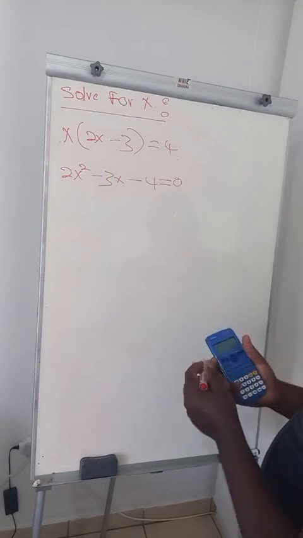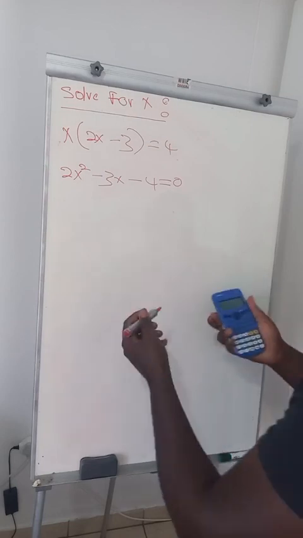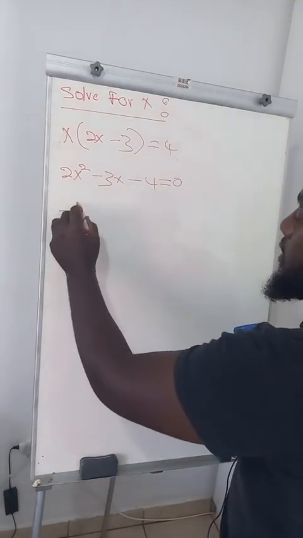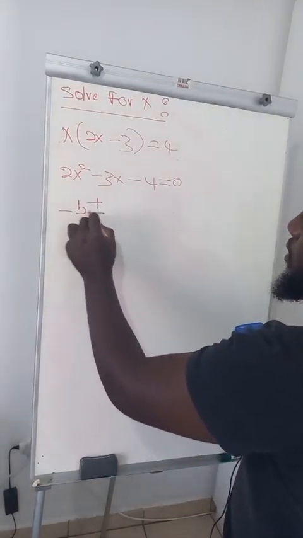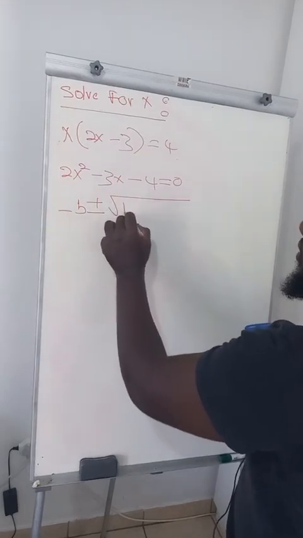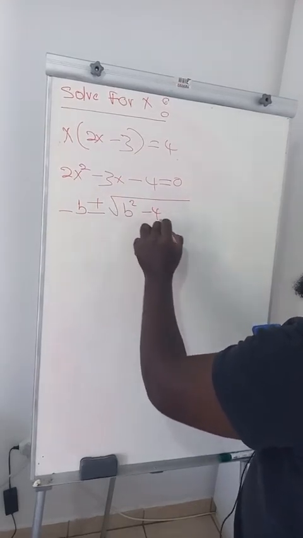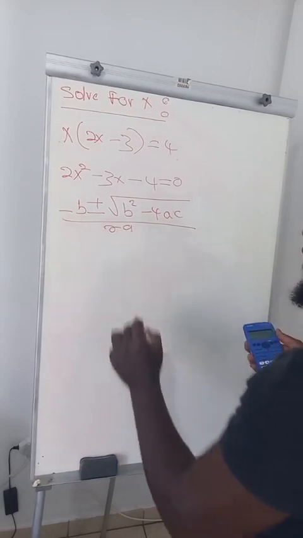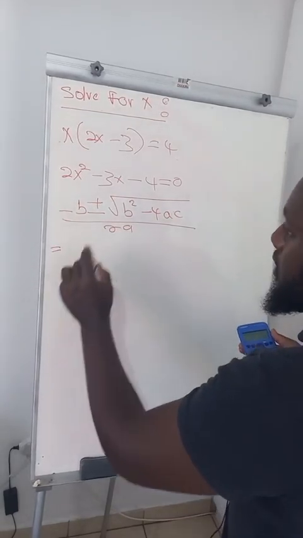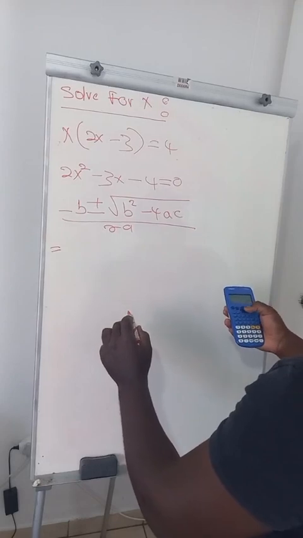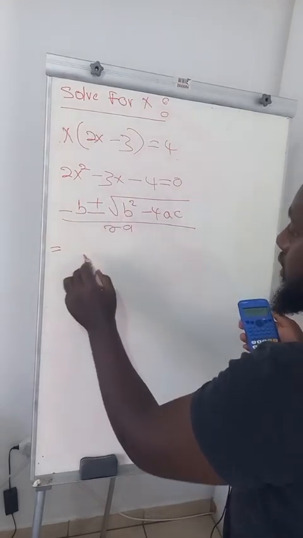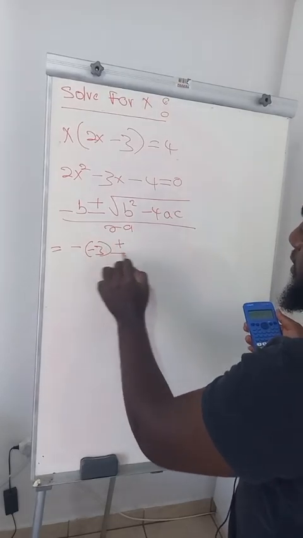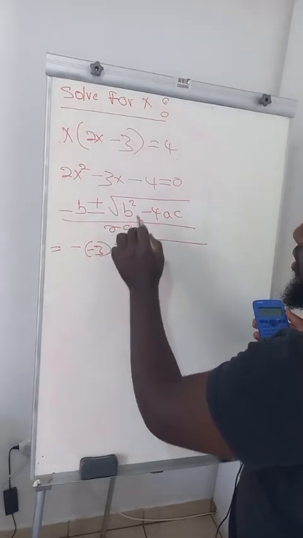So you'll see that here I'm using this equation wherein it's minus b plus or minus the square root of b squared minus 4ac, divided by 2a. So now what is happening is that I wrote minus into minus 3, and then plus or minus the square root of, what is b?